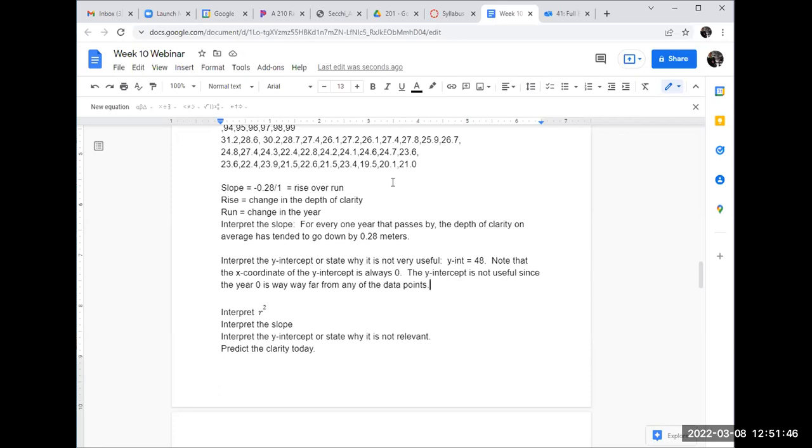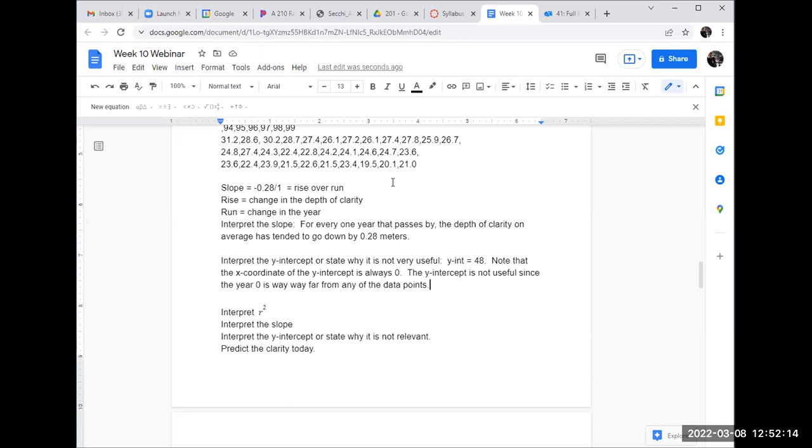Okay, so I want to let you know there's a few reasons why the y-intercept won't be useful. One is if it's way too far away from all the data points, like not even an order of magnitude compared to what the data points spread are. Another is sometimes it doesn't make any sense. So for example, if we did something with depth of clarity and found out the y-intercept was -30, why does that make no sense?